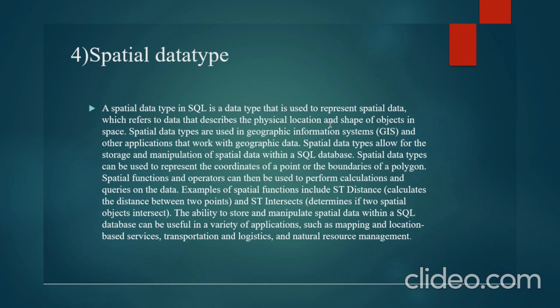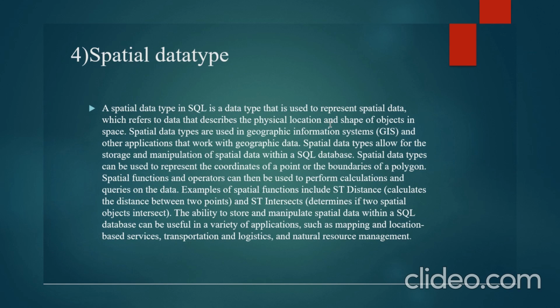The coordinates of a point and the boundaries of a polygon also come under the spatial data type. It is also used to perform spatial functions, calculations and queries on the spatial data. Some examples of spatial functions are ST_Distance, which calculates the distance between two points, and ST_Intersects, which determines if two spatial objects intersect.